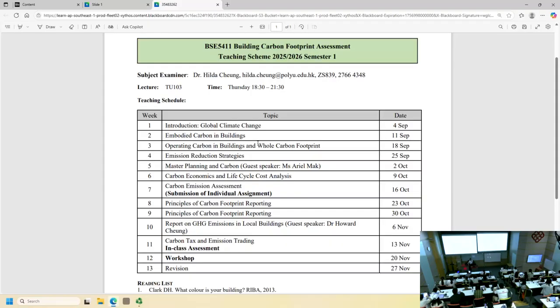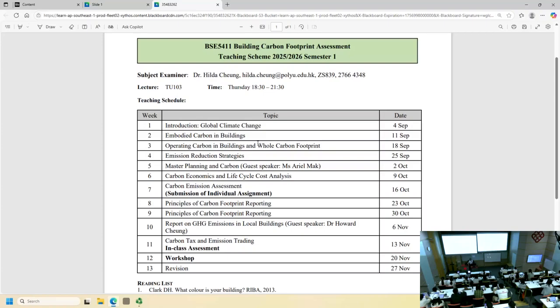Then in week 10, another invited speaker, Dr. Howard Zhang, will have a seminar on reporting greenhouse gas emissions in local buildings. It is more like a case study, a presentation of a carbon footprint assessment case study.